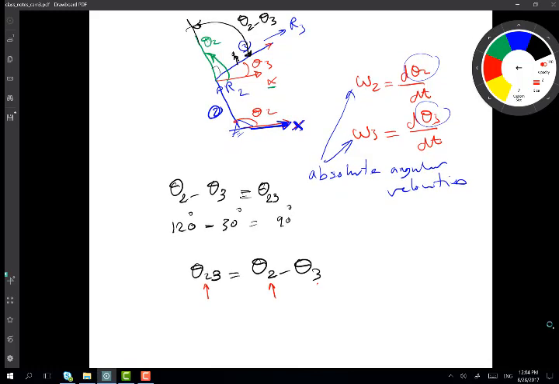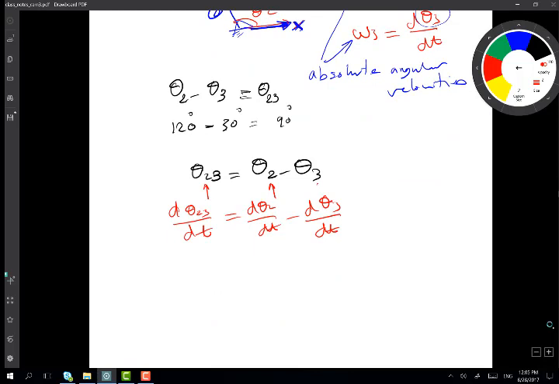Now, if I differentiate that, I get d theta 2 dt minus d theta 3 dt, which means I have a relative angular velocity in my calculations if I want to calculate this value.